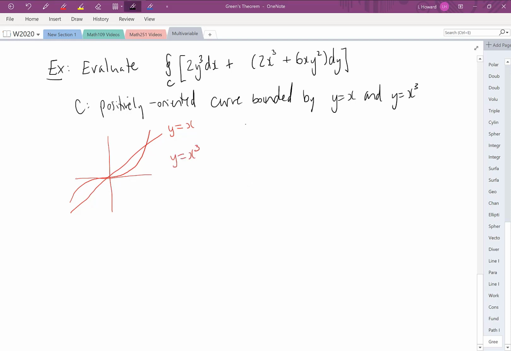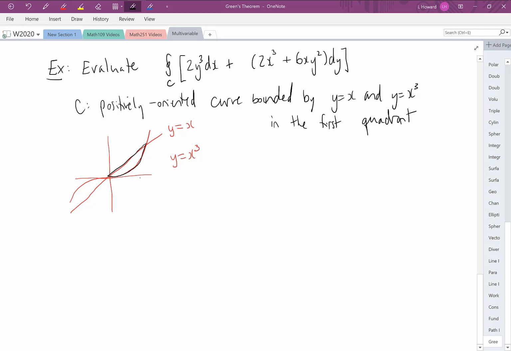After drawing the sketch, I realized that I needed to add a little clause here. So we actually want C to be the positively oriented curve bounded by y equal x and y equal x cubed in the first quadrant. So that way we can see that we're just focusing on the first quadrant portion of this diagram here. And we're capturing this curve here formed by part of y equal x cubed and part of y equal x.